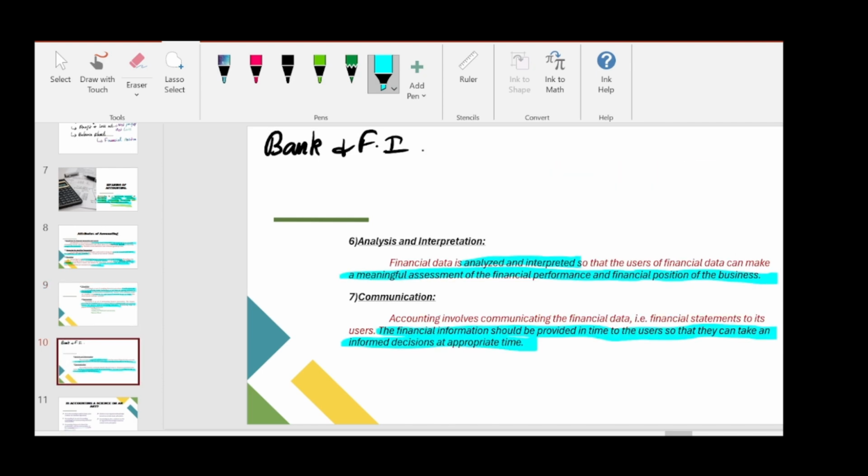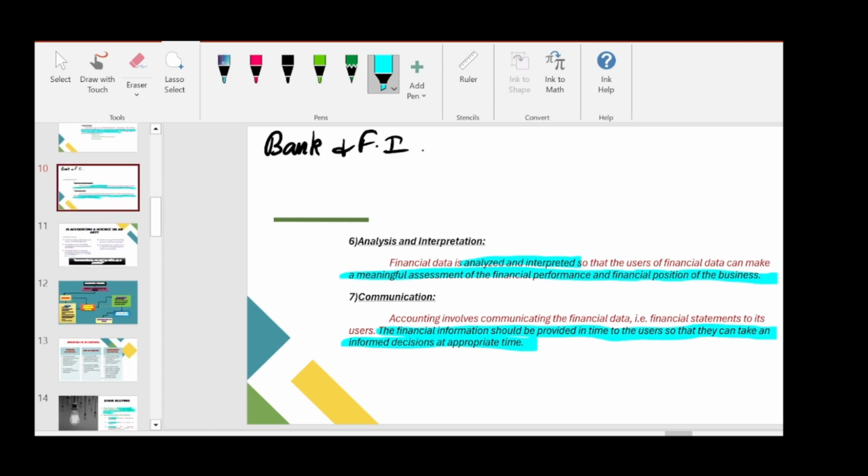And sixth is to analyze and interpret the financial data, that is, after preparing trading account, profit and loss account, and balance sheet. And the last is to communicate the accounting information, that is, financial statements, to the users of accounts at the right time so that it can help the users of financial information to take informed decisions at an appropriate time.